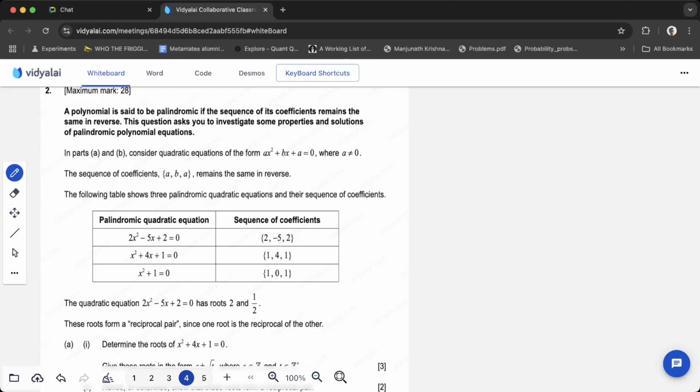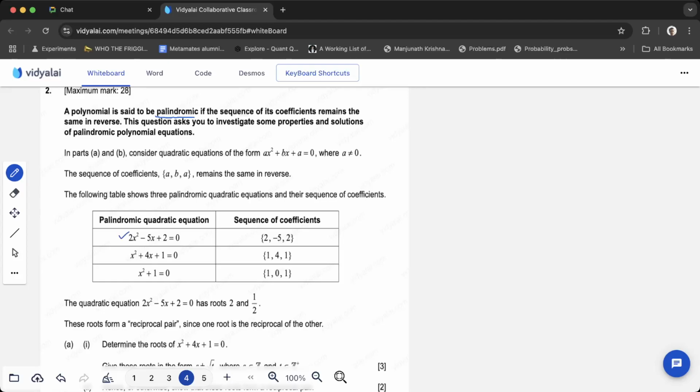So in the second question, we'll explore palindromic polynomials and certain properties of them. So it would be quite fun. A polynomial is said to be palindromic if the sequence of its coefficients remains the same in reverse. So let us consider this example.